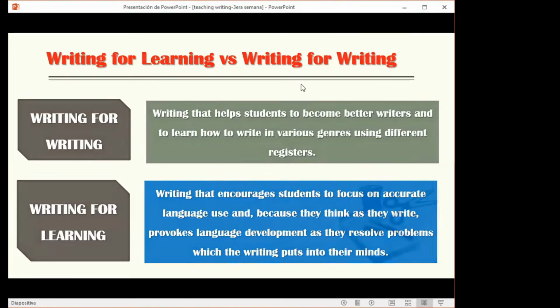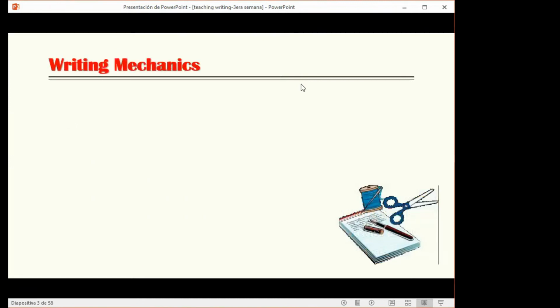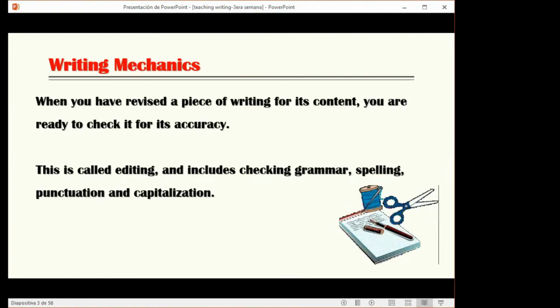Okay, now we are going to talk about the mechanics of writing. When you have revised a piece of writing for its content, you're ready to check it for its accuracy. So when you revise a piece of writing, you check the accuracy.